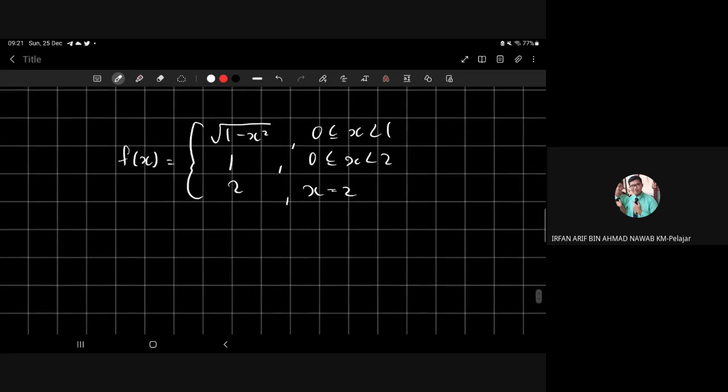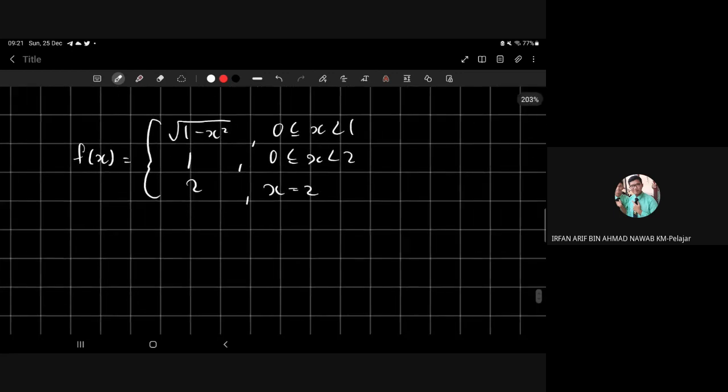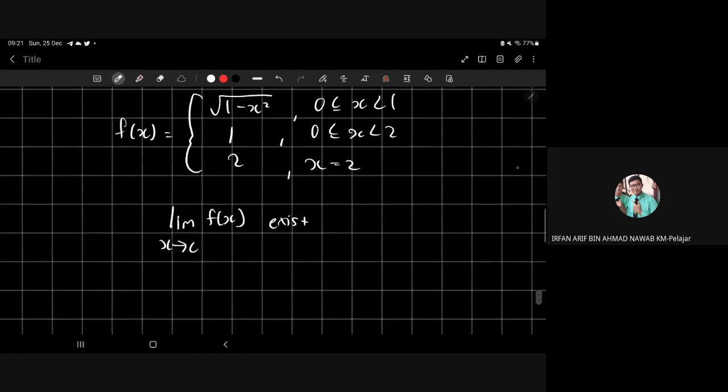They want to know at which points this limit exists. What criteria do we need to know to make sure the limit as x approaches c exists?